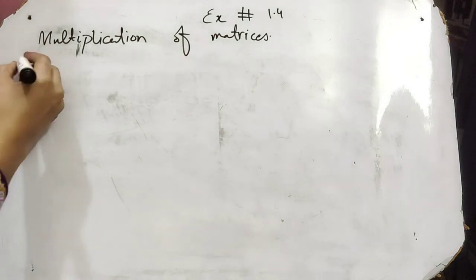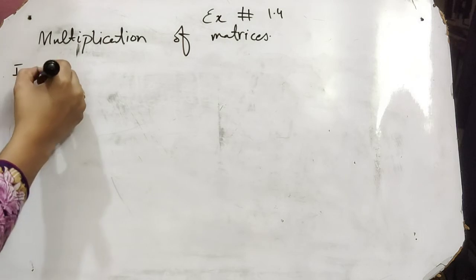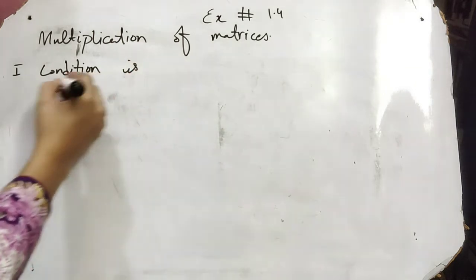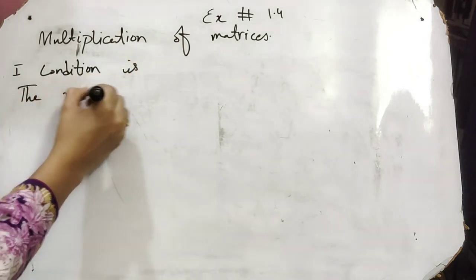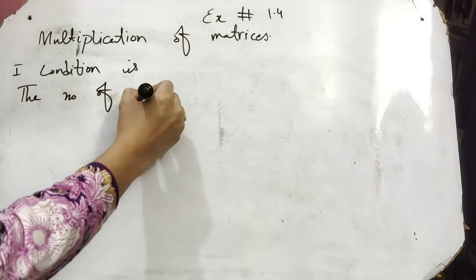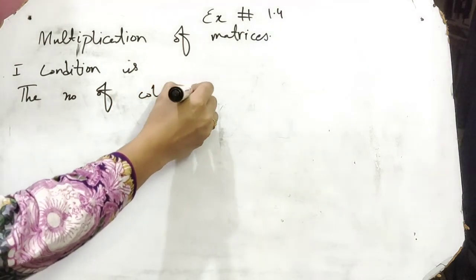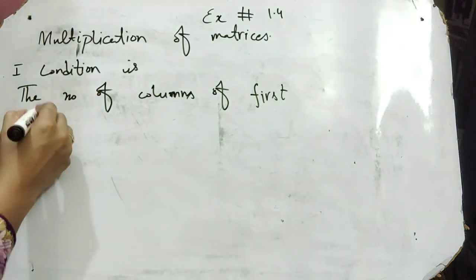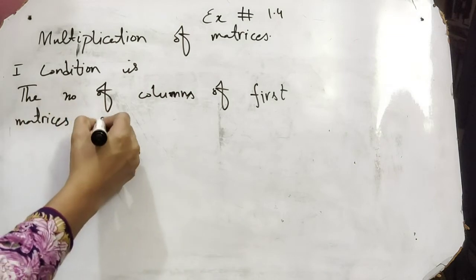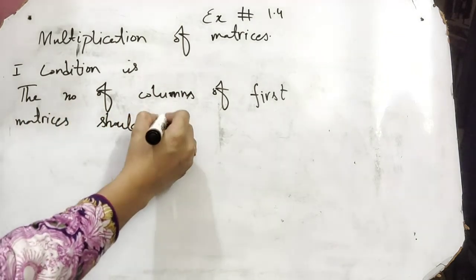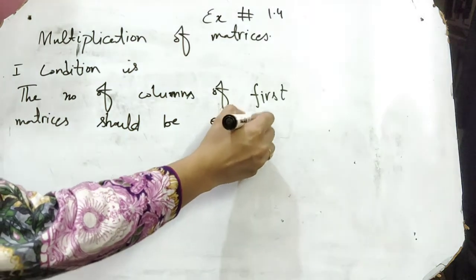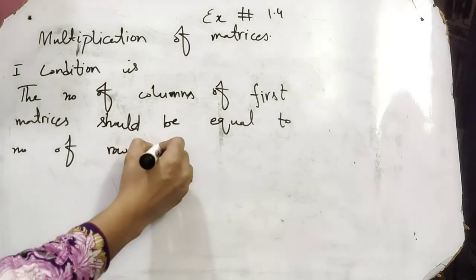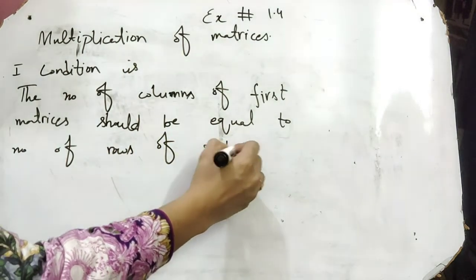The first condition is that the number of columns of the first matrix should be equal to the number of rows of the second matrix.